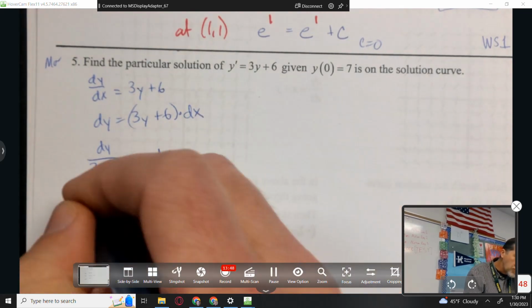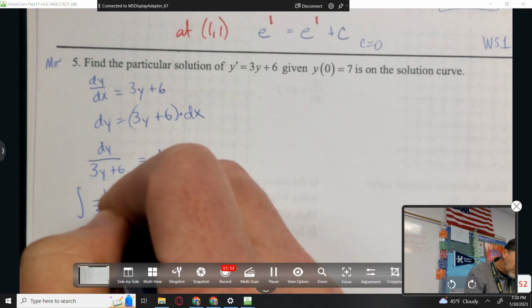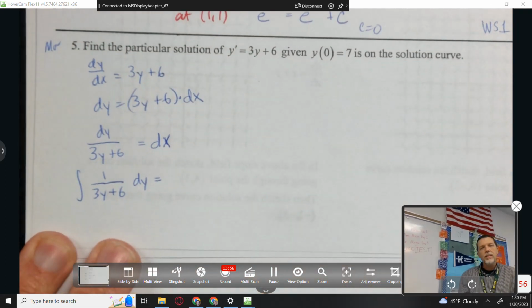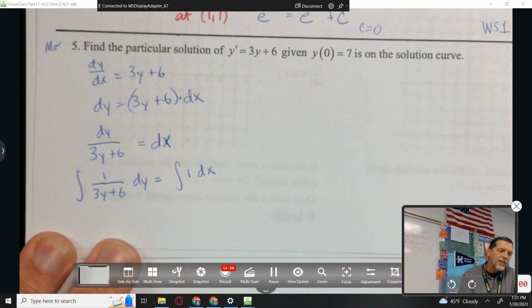So now we're separated. I'm going to integrate. If it helps to rewrite things so that it looks better, you can do that. If you want to make that 1 dx to help integrate, that's fine.